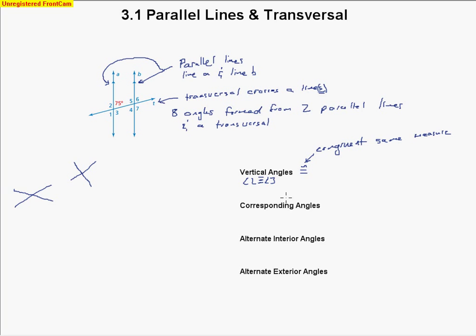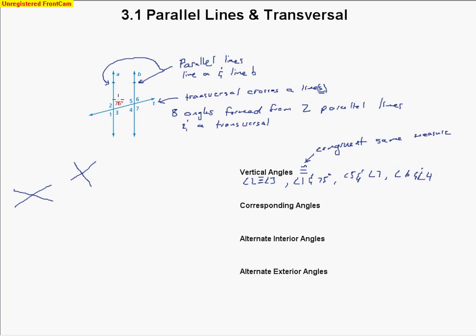And so some other vertical angles that we end up seeing, and I'll just list them, are angles 1 and 2, or 1 and that 75-degree angle. So angle 1 is equal to 75 in this case. And then we have angles 5 and 7. And then we have angles 6 and 4. Those are my sets of vertical angles.